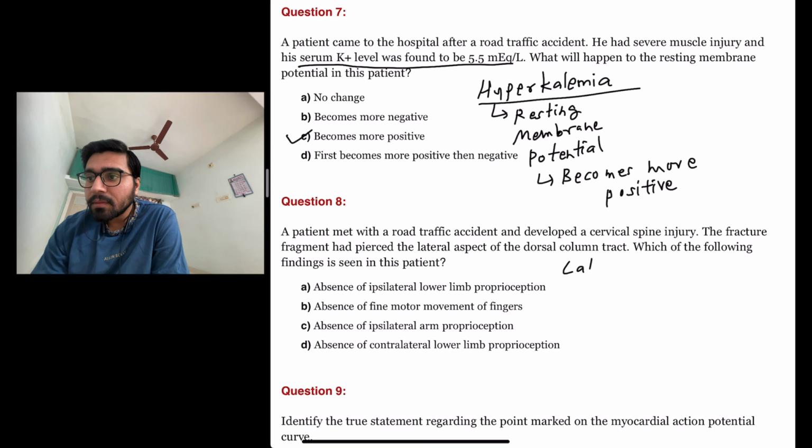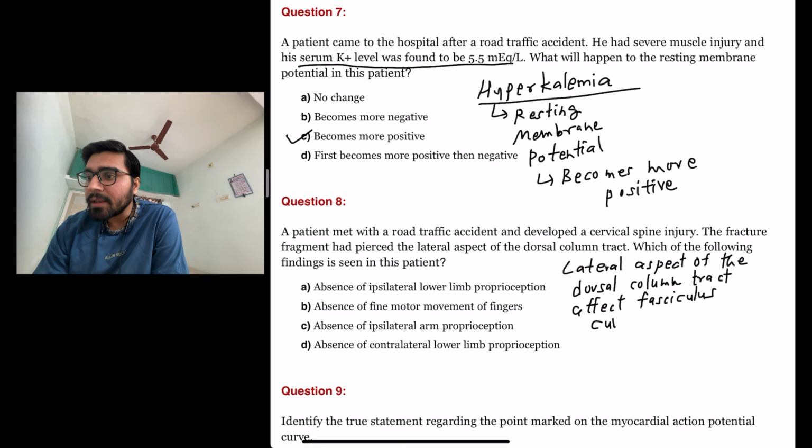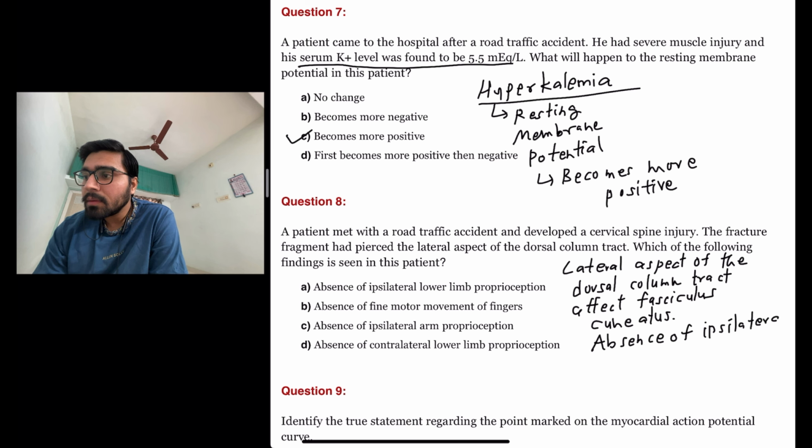Lateral aspect of the dorsal column tract affects fasciculus cuneatus, and that lesion would result in absence of ipsilateral proprioception of the arm.